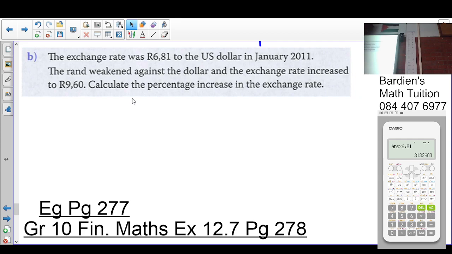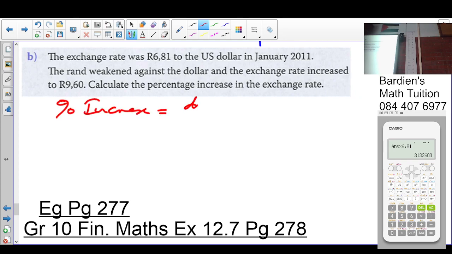How do we calculate percentage increase? It's always the difference over the original times 100.